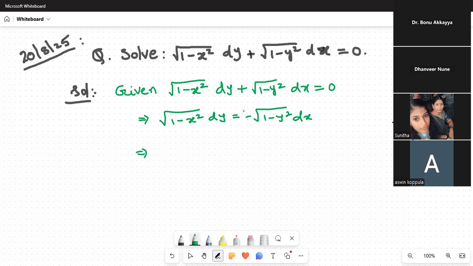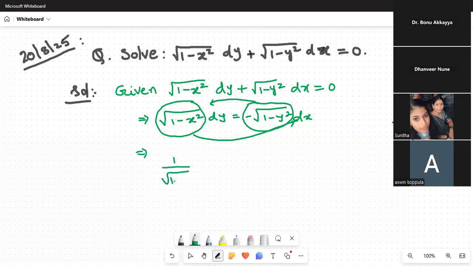If you take this y term into the left side and this x term into the right side, then this equation becomes 1 by square root of 1 minus y square dy is equal to minus 1 by square root of 1 minus x square dx. So clearly there are separate terms of x, separate terms of y.